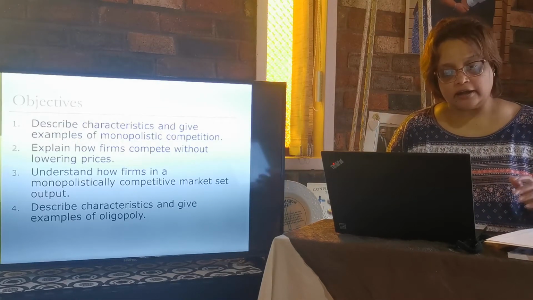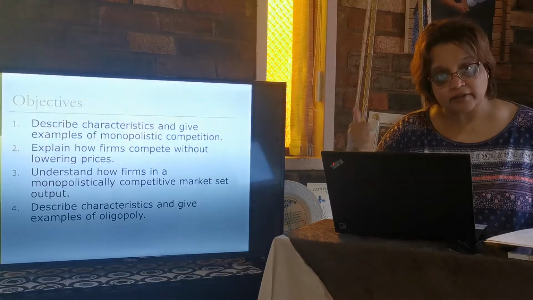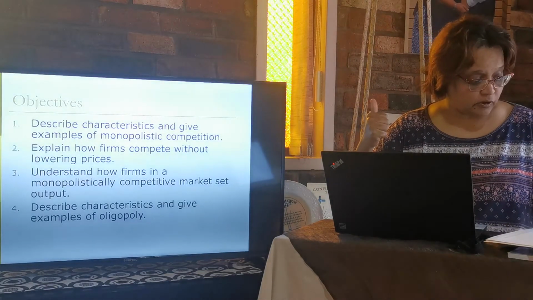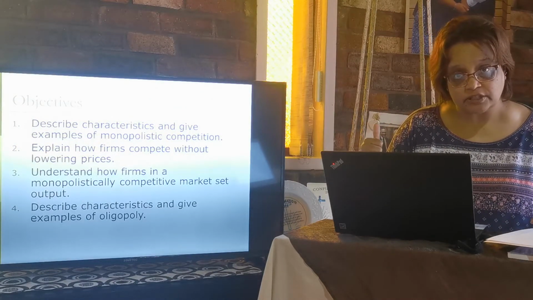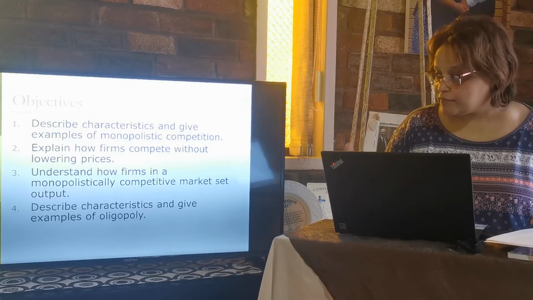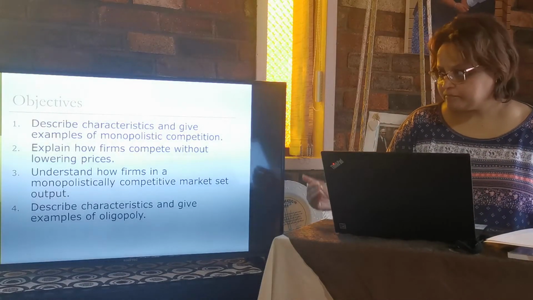So again, the objectives of this section are that you need to be able to describe the characteristics of monopolistic competition, which you'll find in your textbook. Explain how the firms compete without lowering the prices.